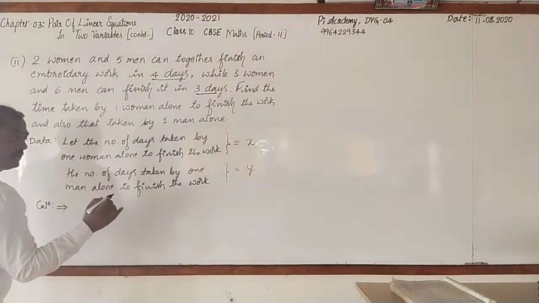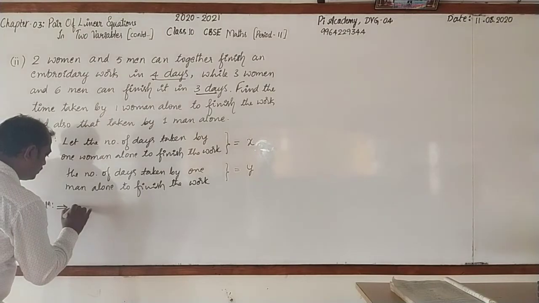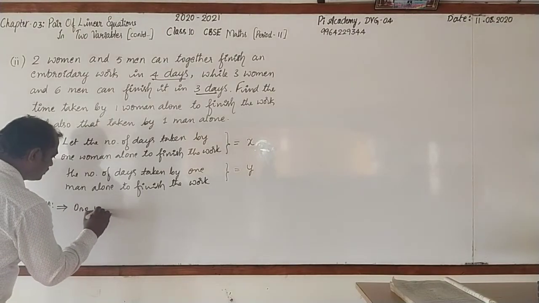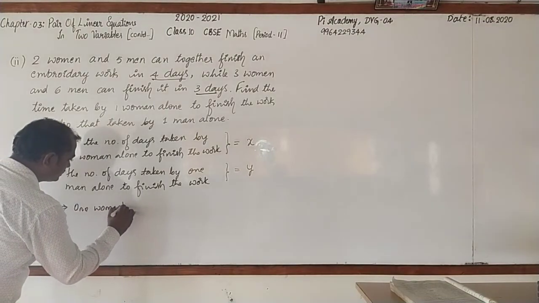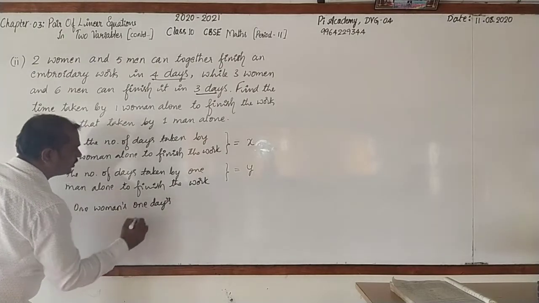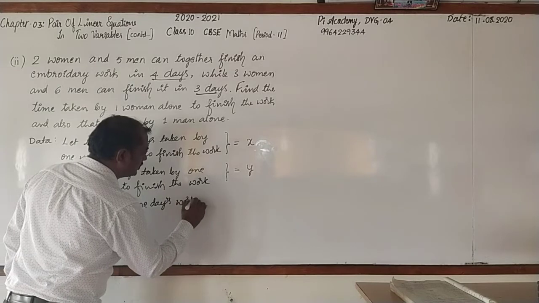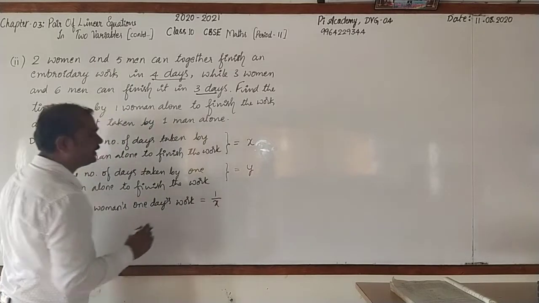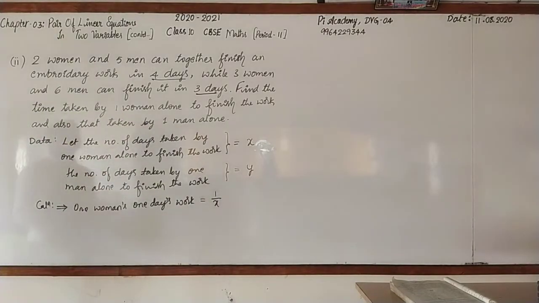Here, same thing. Start writing it. One woman's 1 day's work is equal to 1 by X. If 2 women are there, 2 by X. 3 women, 1 day's work is 3 by X. Like that.